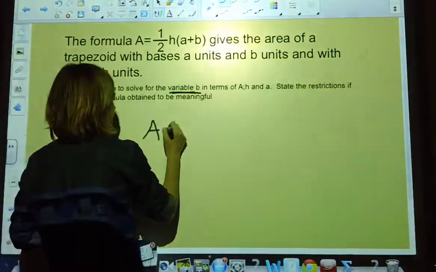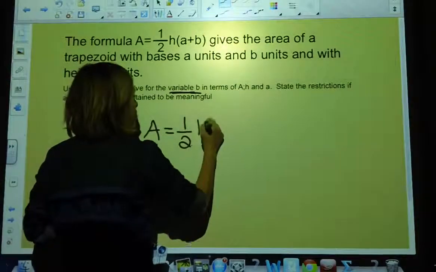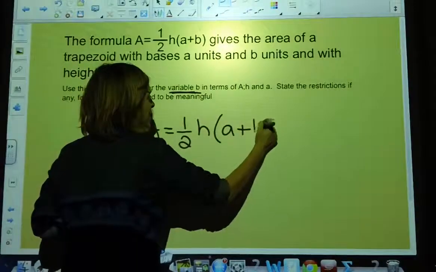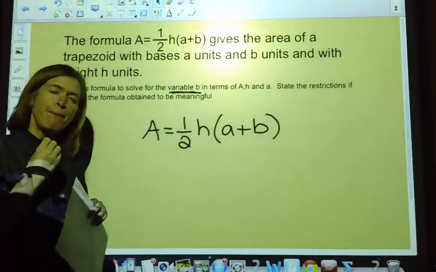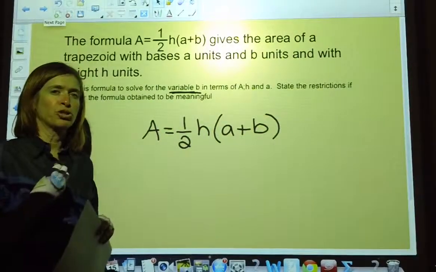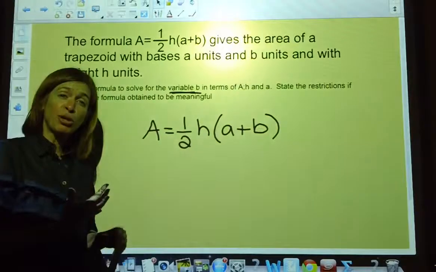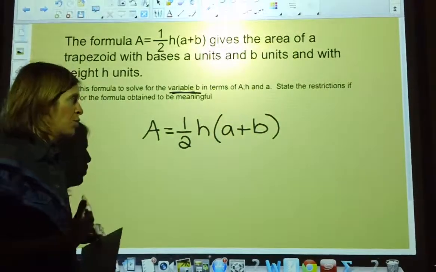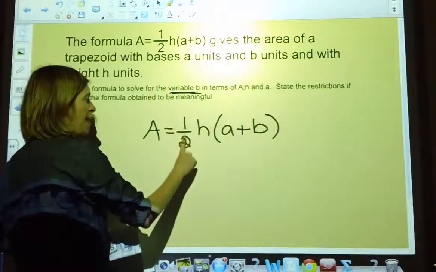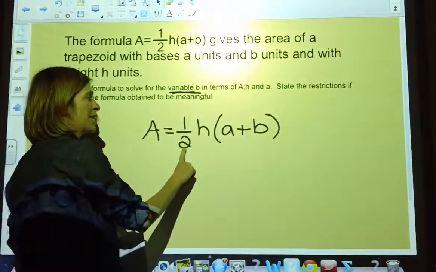Now, here's the thing. When we are solving equations, we usually distribute first. But we have to be really careful when we're transforming formulas, because if we distribute, that actually makes the problem harder. So the first thing I'm going to do is try to get rid of this 1/2, get it over to the other side.